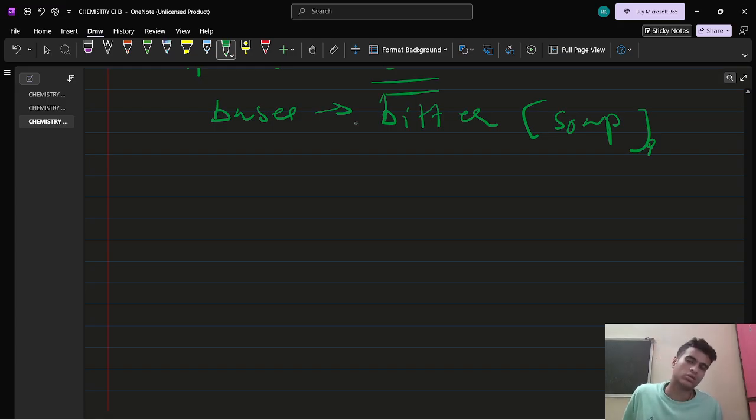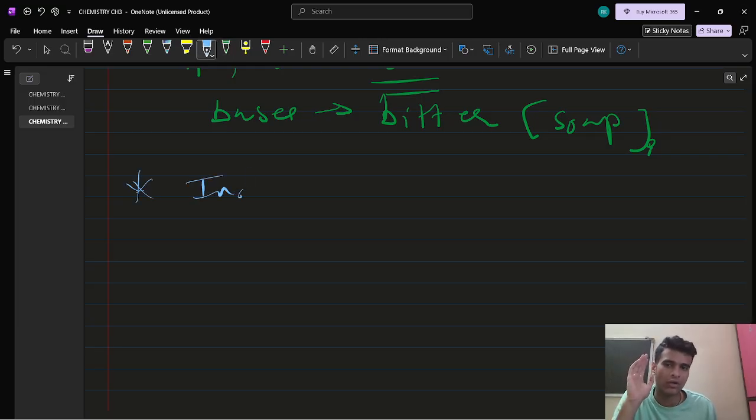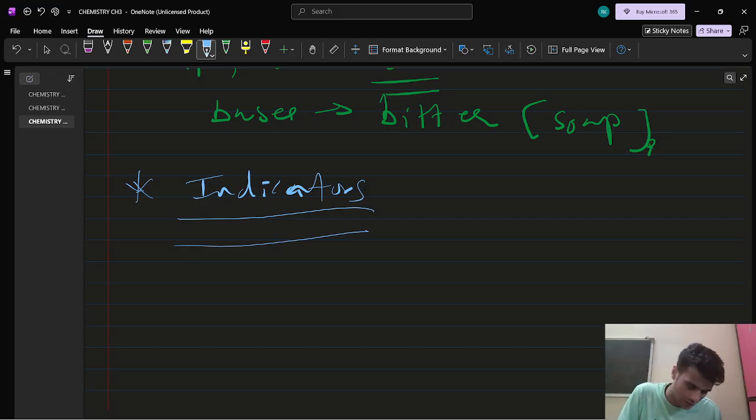Then indicators. Okay. So indicators अभी अब तक तो तुमने किए होंगे. Litmus वगैरह वो सब. So वो explain करने में I'm not wasting time now. I am straight away going indicators. Indicators are substances which change their color with any change in the medium.